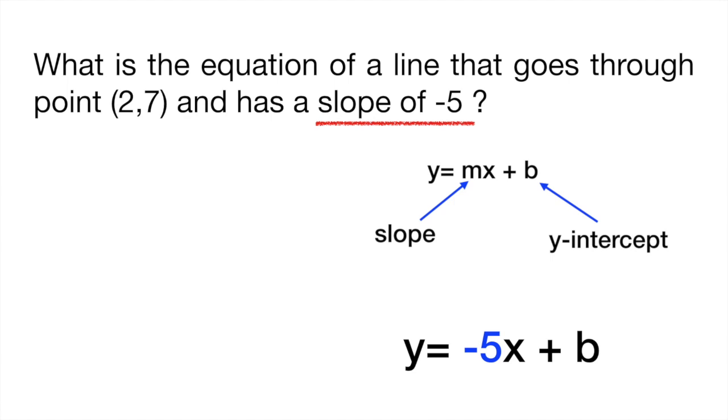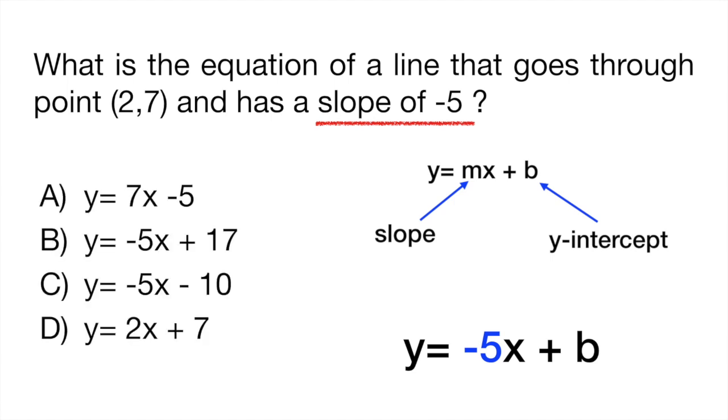And the reason I wanted you to do this first step is because when you look at the answers, you can see that there's only 2 answers where that could be correct in this problem. All right. If you look at letter A, it's telling you that y is equal to 7x. Okay, so that would mean that the slope is 7, and it's not.